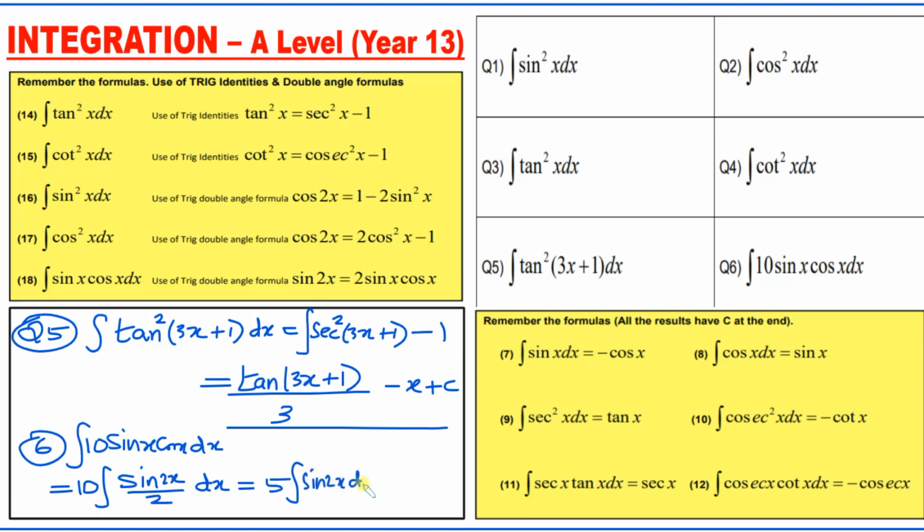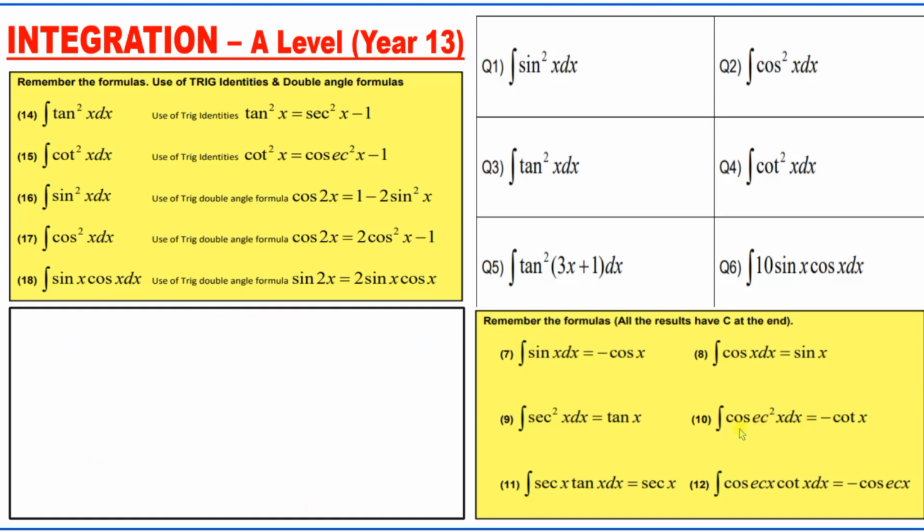The answer is minus 5, because sine 2x integration is minus cos 2x. So minus 5 cos 2x divided by 2 plus c. And that is the answer for question number 5 and question number 6.